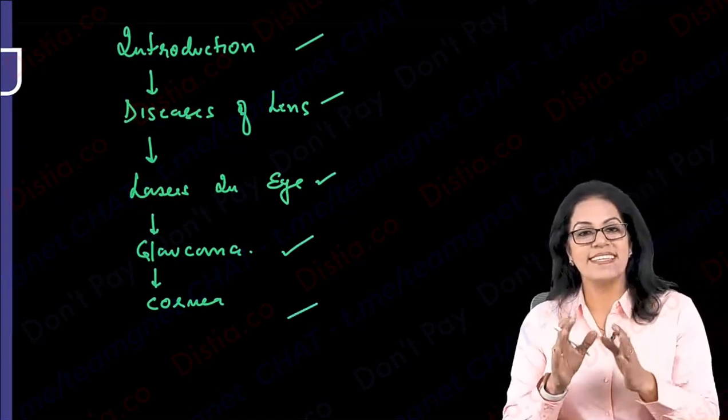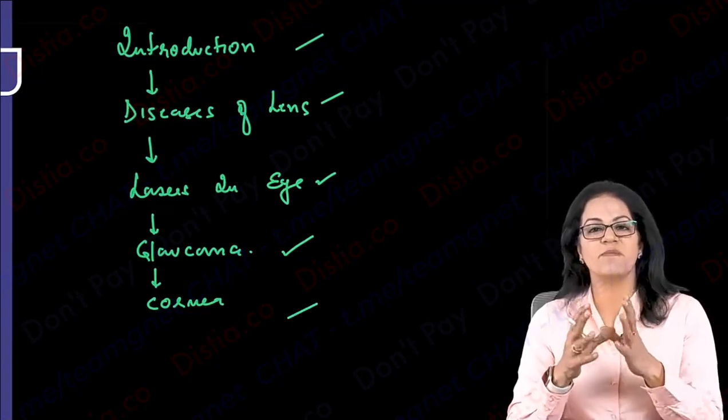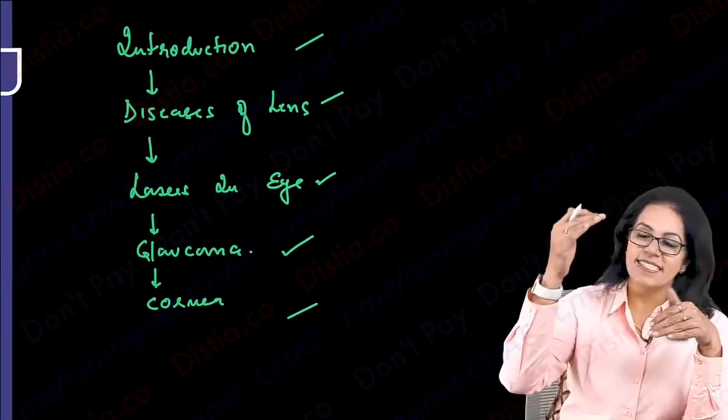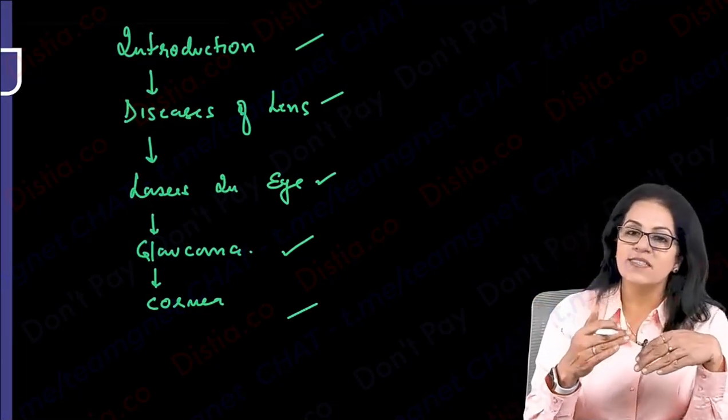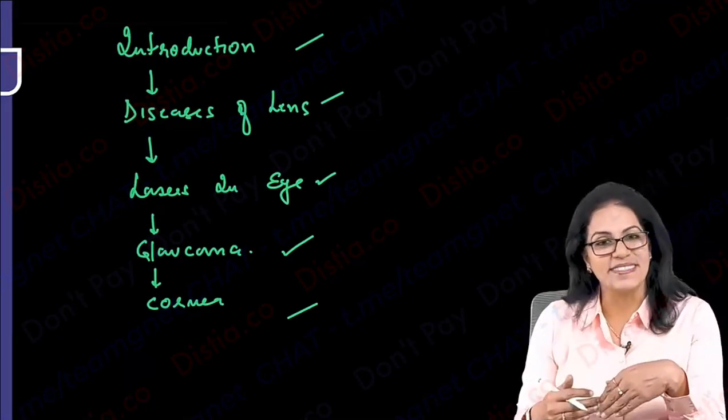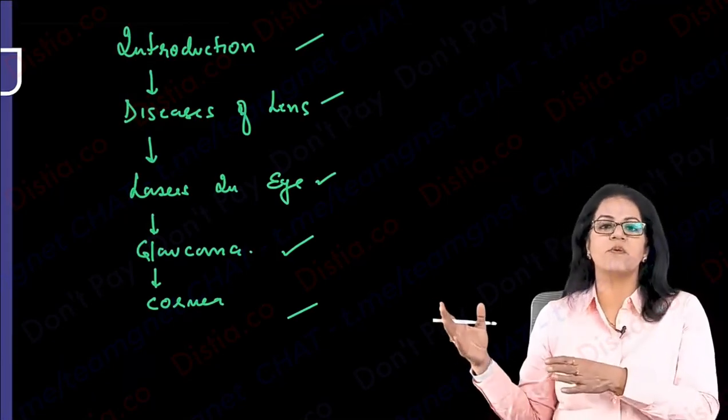Now, why am I saying this? You can just have faith in my more than 21 years of experience of teaching ophthalmology that this way it becomes easier to understand. The journey becomes easier and more enjoyable.